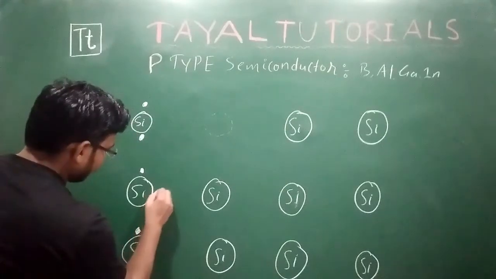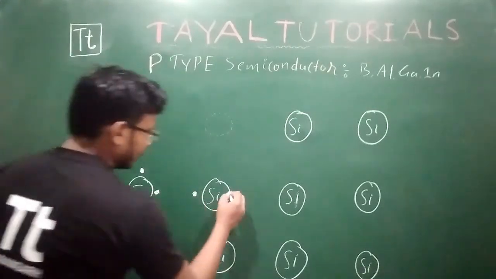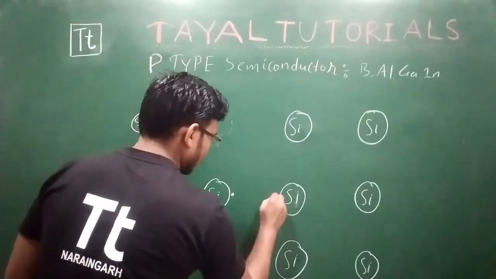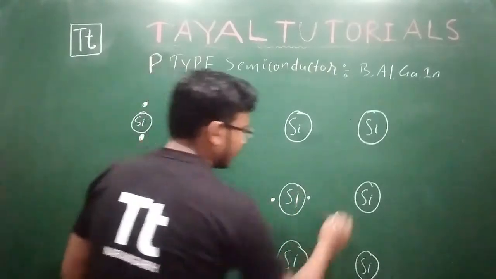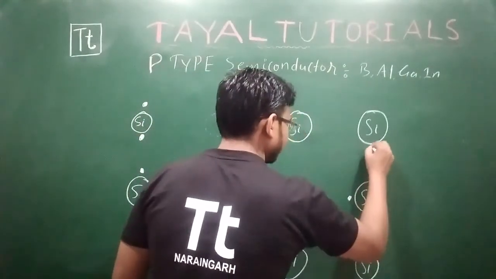This is electrons, like your N type of semiconductor. We are drawing the crystal.